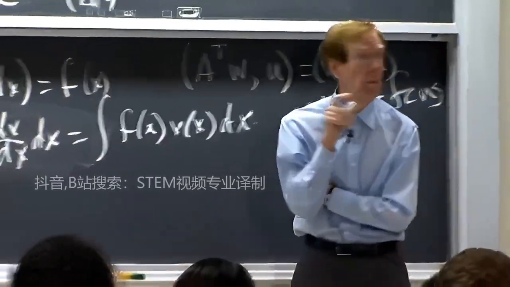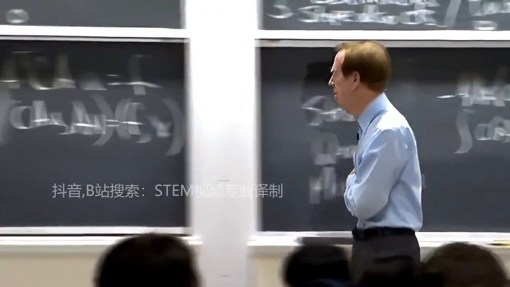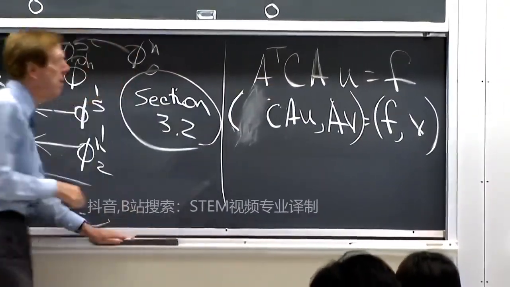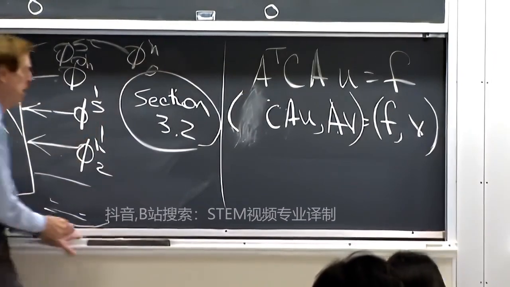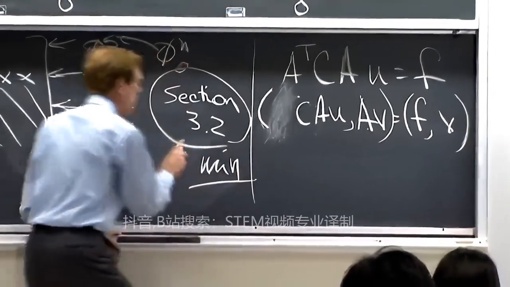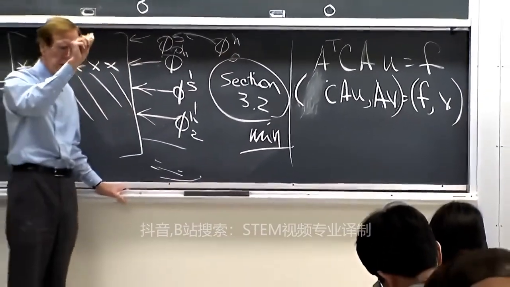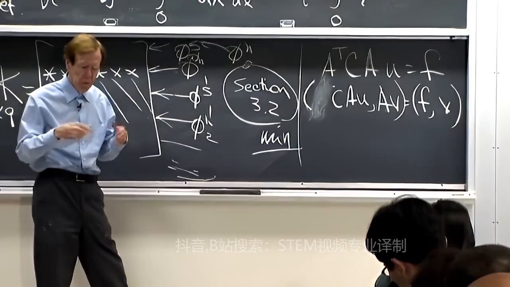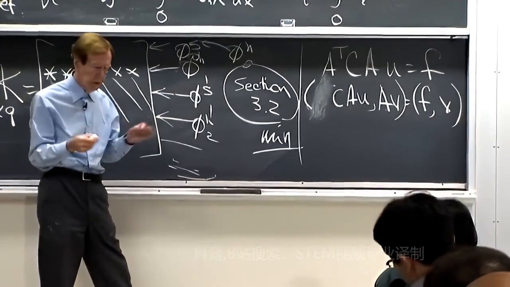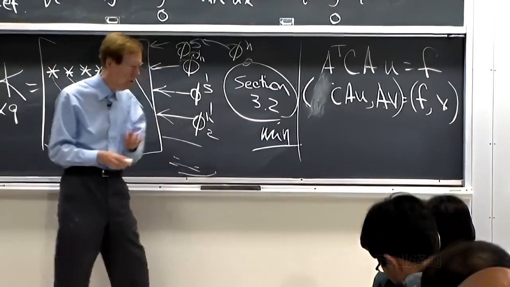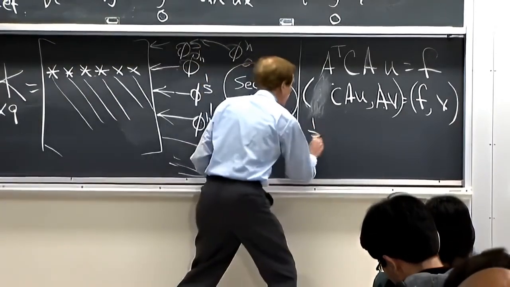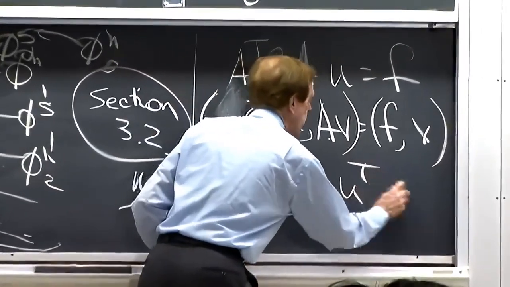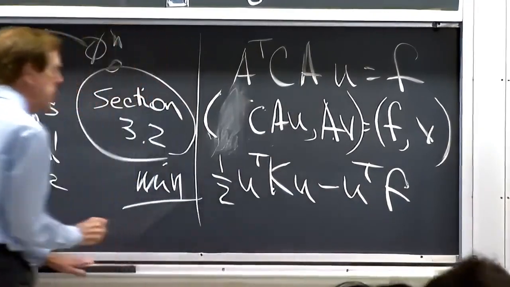All right, what about the minimum form? Have I got 1 minute to do the minimum form? Yes. So what's the minimization that it's hiding behind this? The minimization, in the discrete case, you remember, we're looking at KU equal F. And some quadratic quantity from least squares has its minimum when KU equals F. It's 1/2 U transpose KU minus U transpose F, where K is A transpose CA.